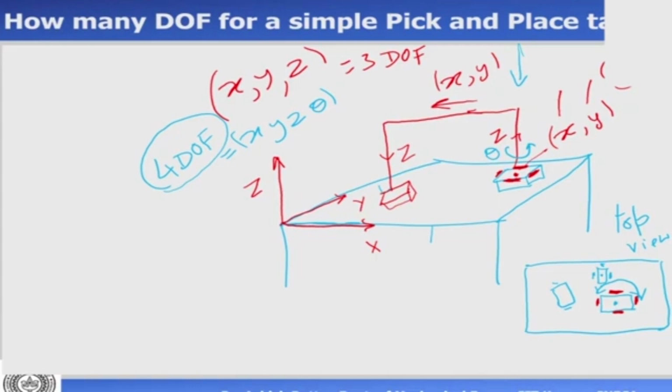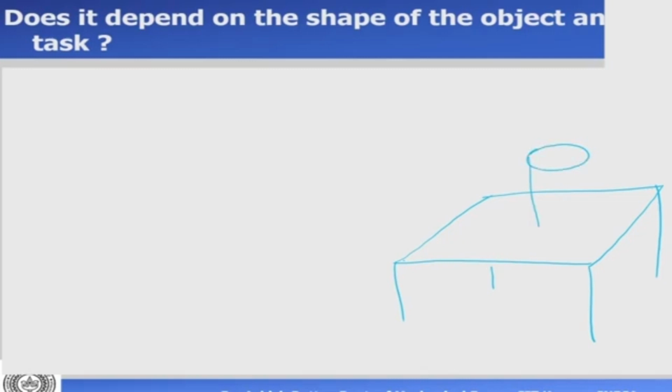So if I keep a cylindrical object on my table like this, I want to catch the cylinder and keep it somewhere else.